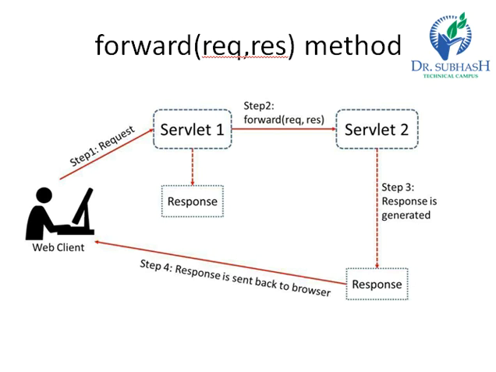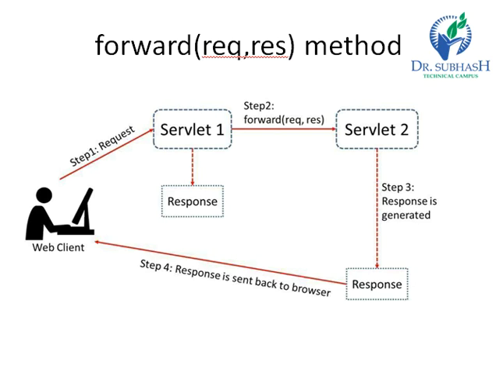So first of all, the web client sends a request to servlet 1. Servlet 1 executes that request and generates some response. Now servlet 1 sends another request using the forward method to the servlet 2 class, or we can say the servlet 2 file, and forwards that request to another servlet.